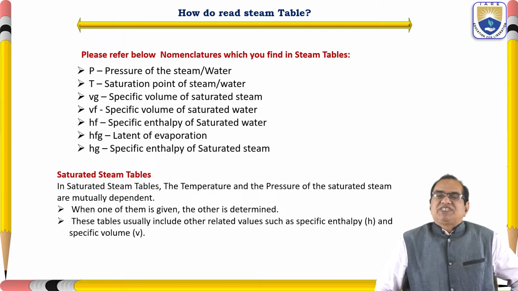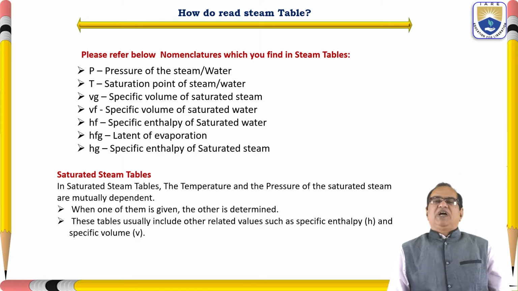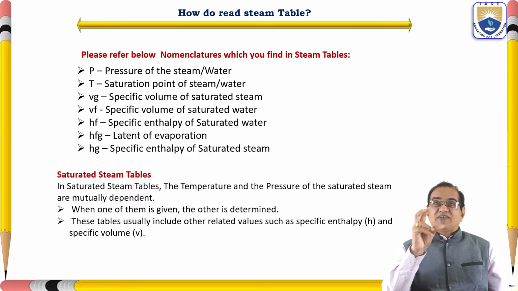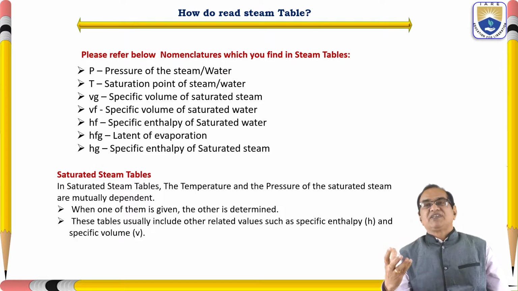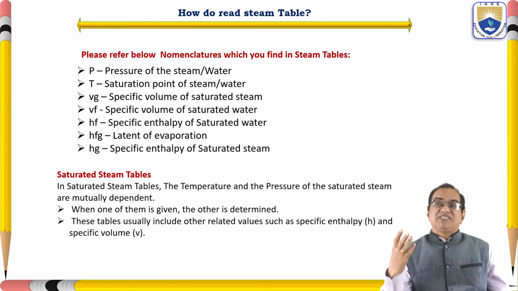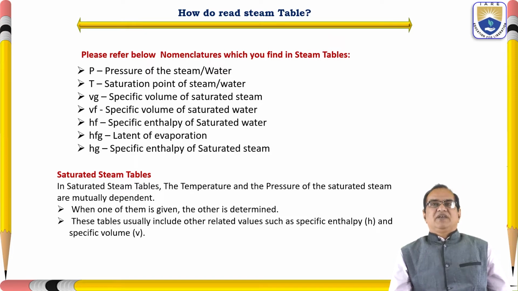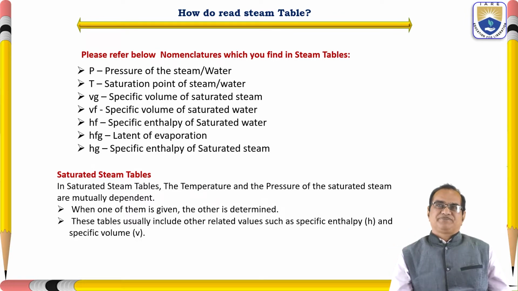How to read the steam table, that we should understand very well. These are a few nomenclatures, standardized and accepted internationally. P stands for the pressure of the steam or water.